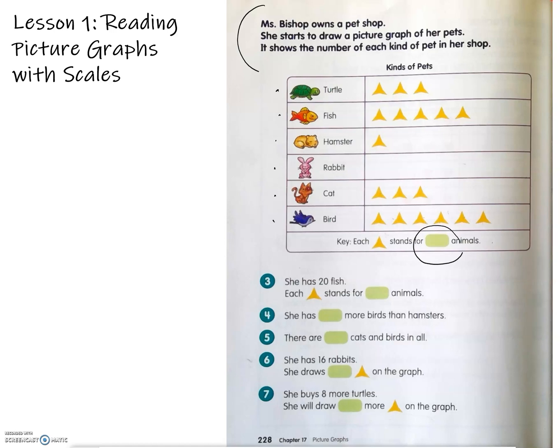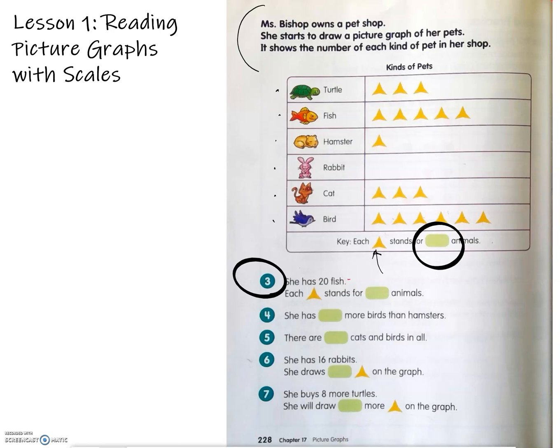We do not know what each symbol stands for, but each symbol looks almost like a funny looking triangle. And the first thing that we need to find out is what each of those triangles stands for. Now, using this problem, number 3, it says that she has 20 fish.